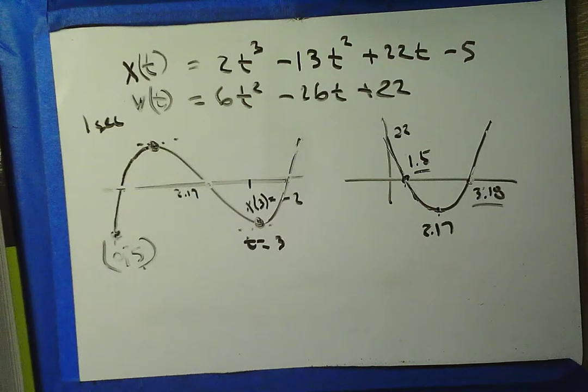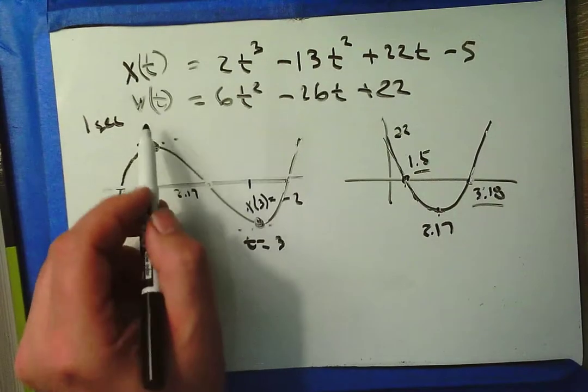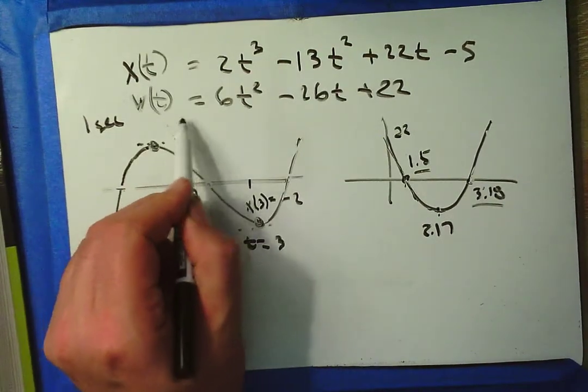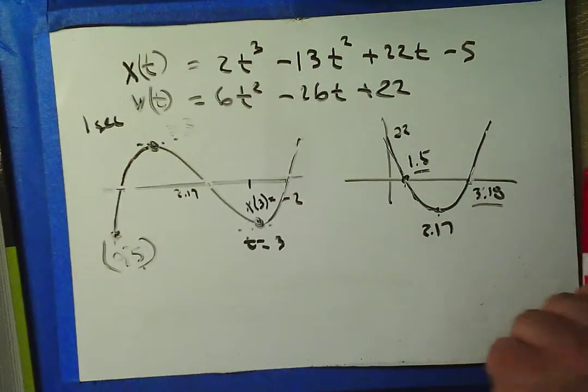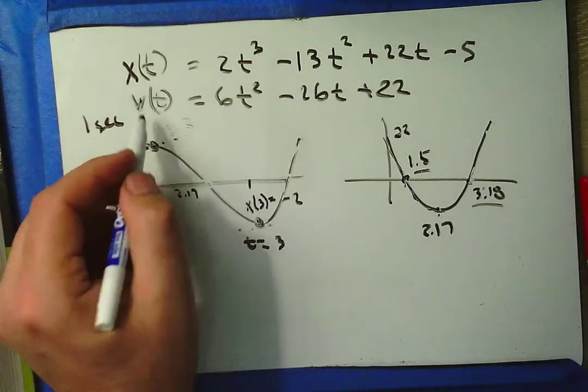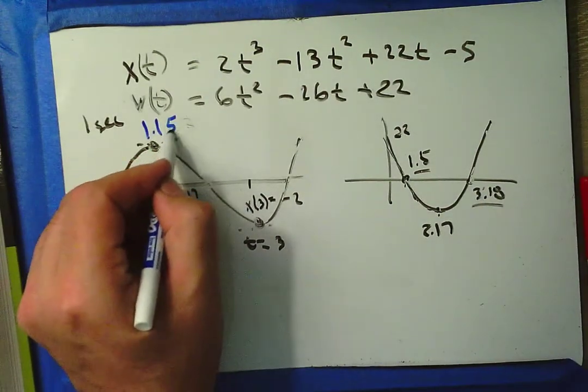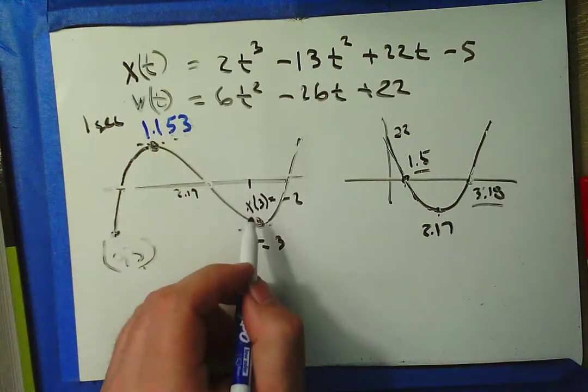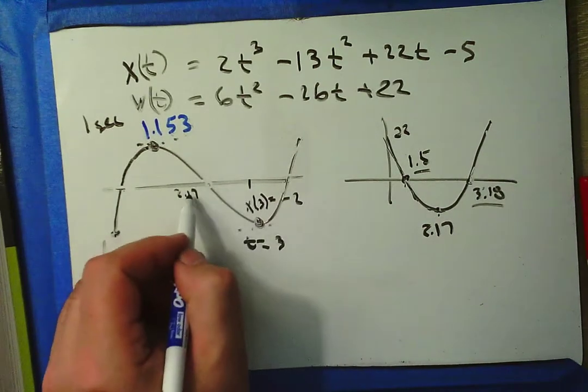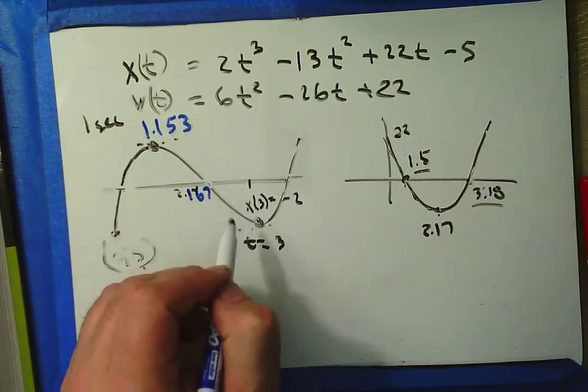When does the particle speed up? When does the particle slow down? Well, I know that the particle is going to be speeding up from 1.153 to 2.167.